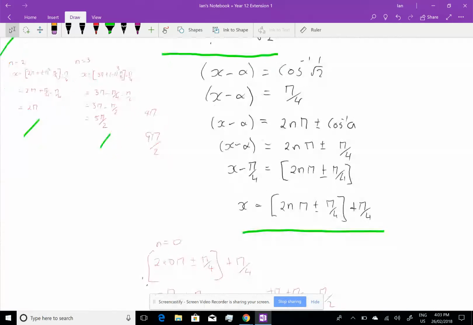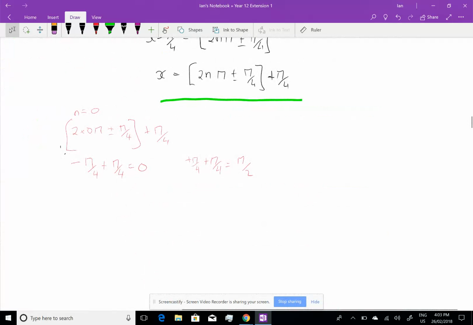So a different formula, same result. Let's try n equals 1. I get 2 times 1 pi plus or minus pi on 4, plus pi on 4. Let's take the negative first. So I get 2 pi minus pi on 4 plus pi on 4, that's 2 pi.